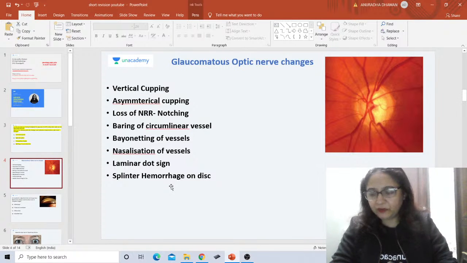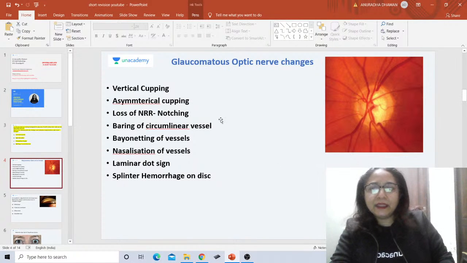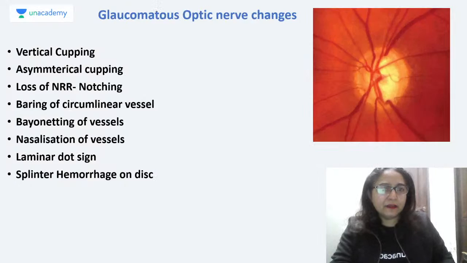Okay, right? So let me just take you through the various changes which we see in a case of glaucomatous optic nerve damage. If you are seeing here, this is the optic nerve. We know the optic nerve has a nerve fiber layer which can be divided into the upper nerve fiber rim, the lower nerve fiber rim, the temporal nerve fiber rim, and the nasal nerve fiber rim.